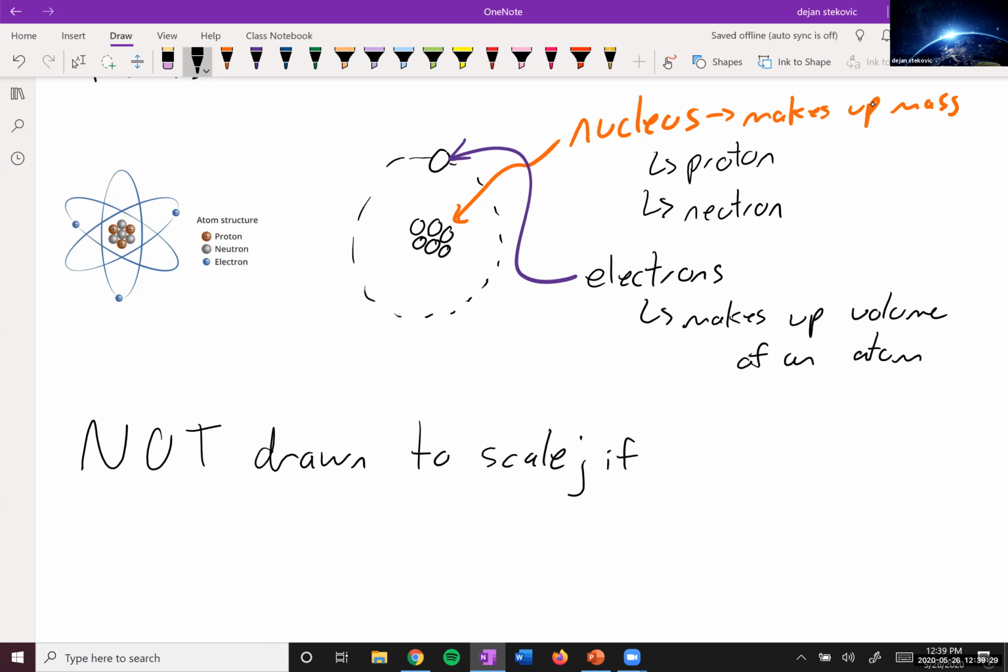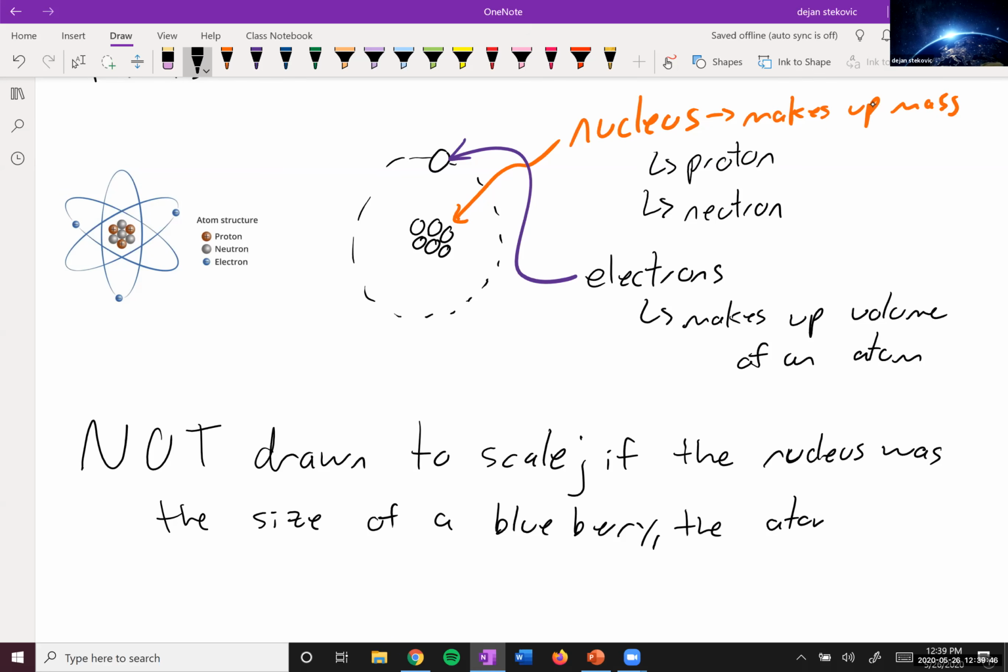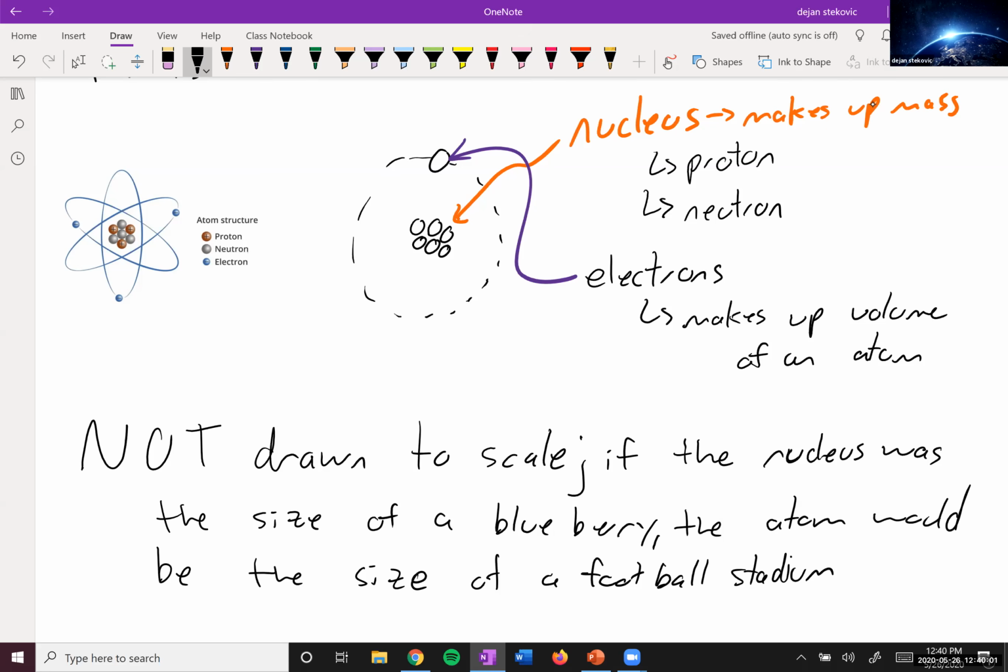So the analogy I like here is that if the nucleus was the size of a blueberry, right? So very tiny, the atom would be the size of a football stadium. So in general, the nucleus is very tiny compared to the overall atom.